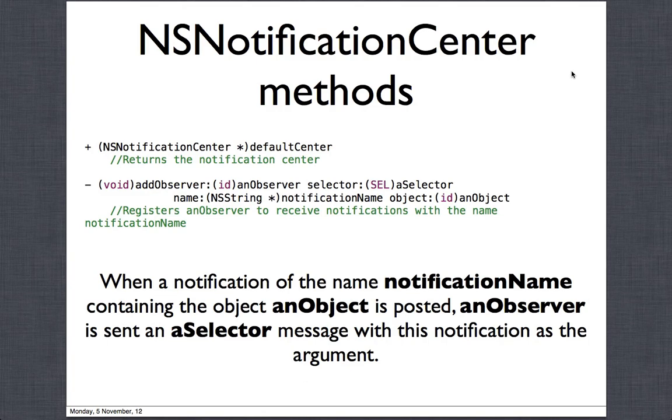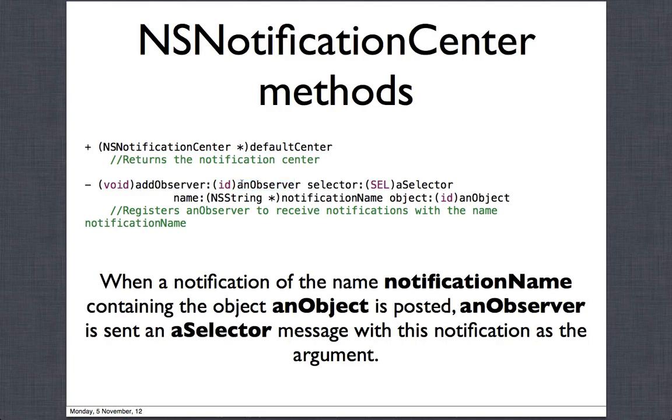So here are a few methods, actually just two methods in NSNotificationCenter. The first one, just like we did last time, is a class method which returns the notification center. This is how you get to Notification Center if you want to do something to it. The other method is to add a new observer, and it takes the object, the selector, the name of notification, and another object.